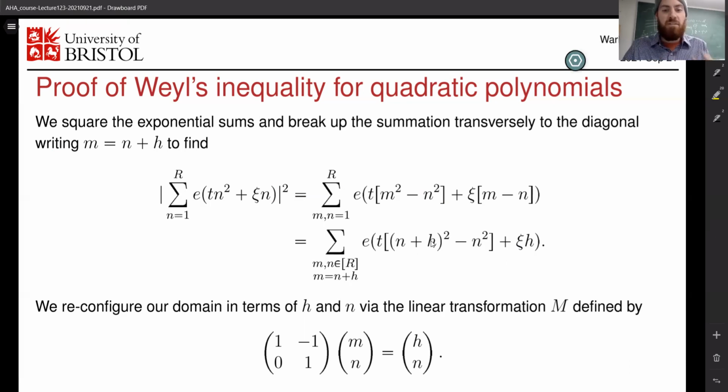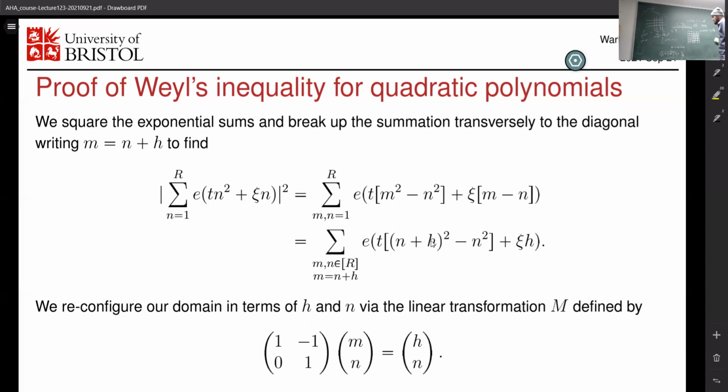We start by reconfiguring our domain. I have a bunch of lattice points, where my m and n are in Z squared, and they lie in this window from 1 to R. Bunch of integer points here.